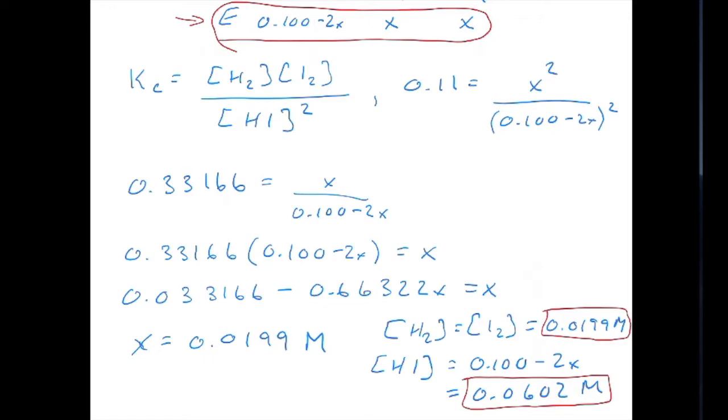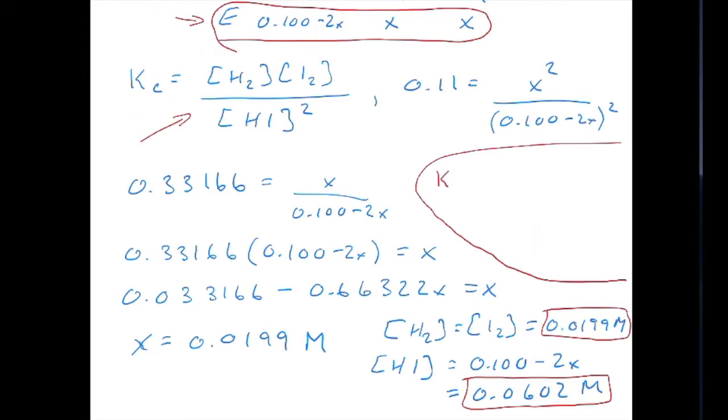Now we can do one extra thing just to check whether or not our answer is correct or not. So I'm just going to do it in this little box here. If we substitute our values back into the Kc expression, we should be able to get the same equilibrium constant as long as our concentrations were calculated correctly.